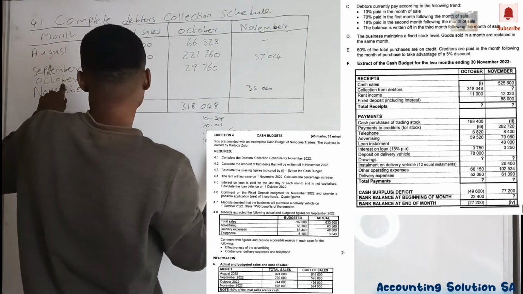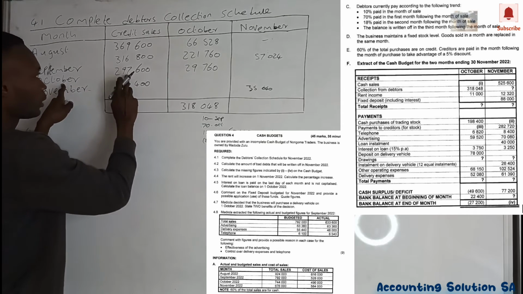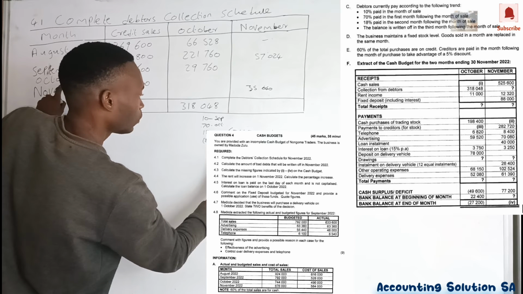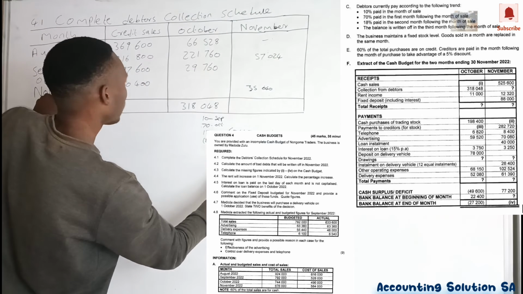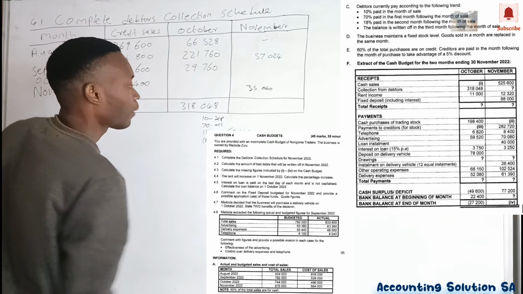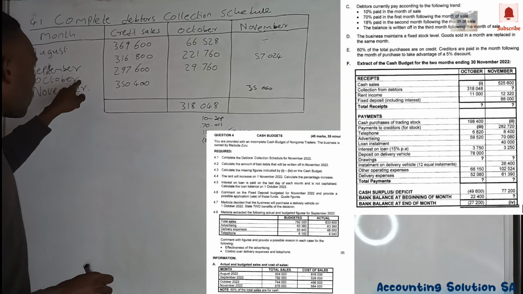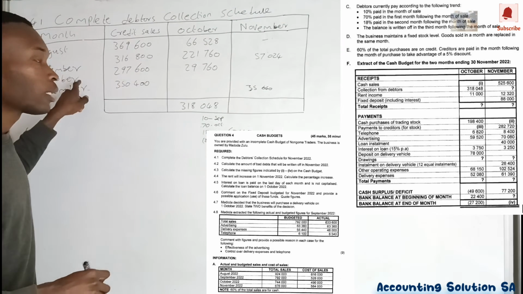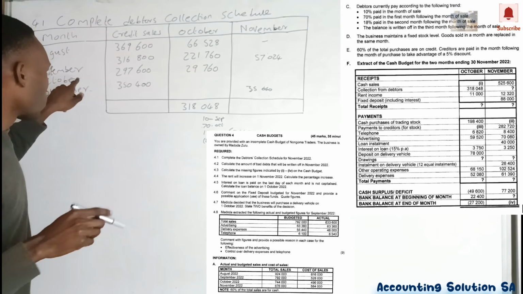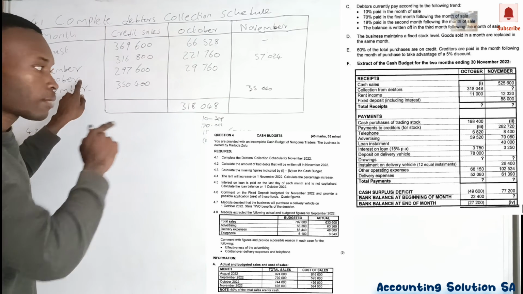We are going to say this amount of 297,600 multiplied by 70%. Why 70%? Because the following month after October is November, which means that in the same month, October, we collected 10%, but in the following month, we collected 70%.